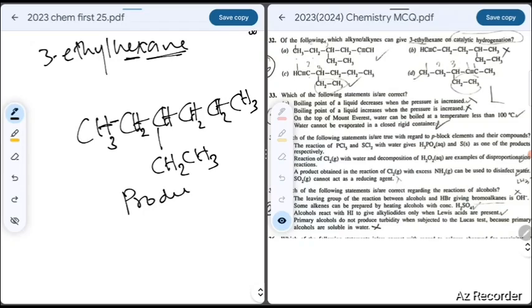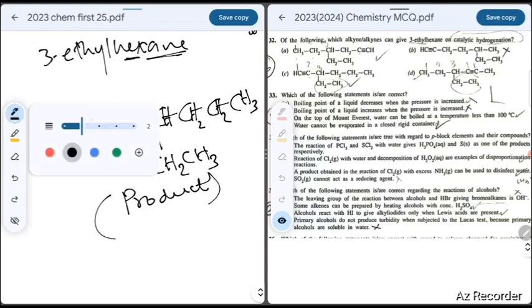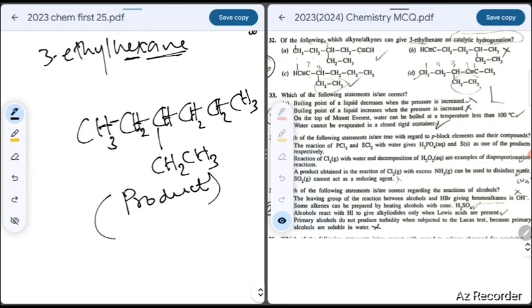Now for A, first see whether ethyl is present in the third carbon. Yes, ethyl is present in the third carbon. Next, it has 6 carbons. Upon hydrogenation it gives this product, with CH2, CH3. So A is correct.